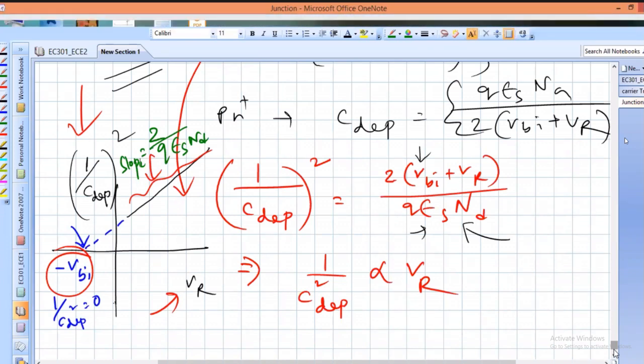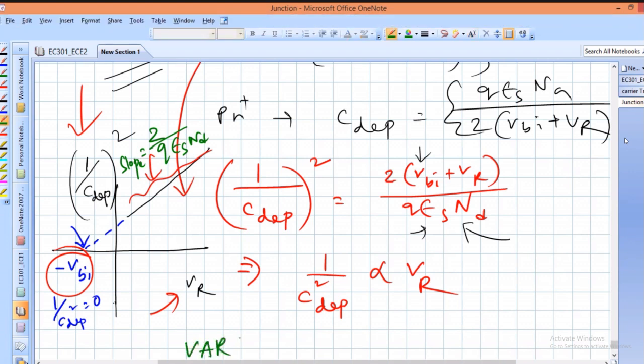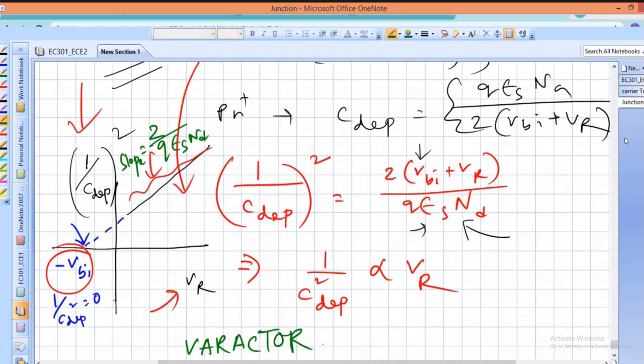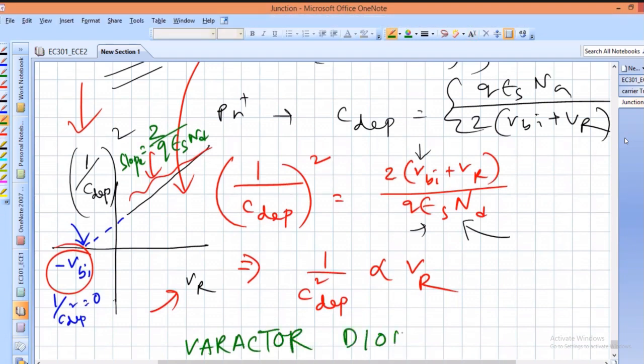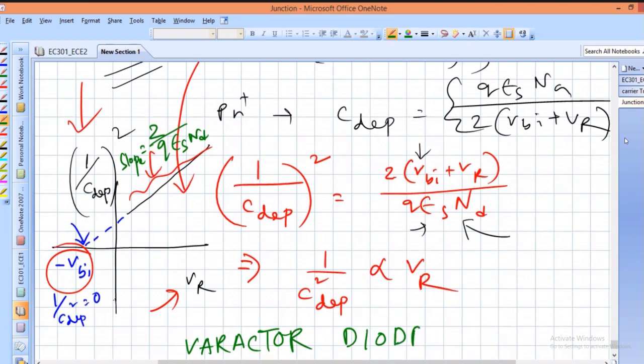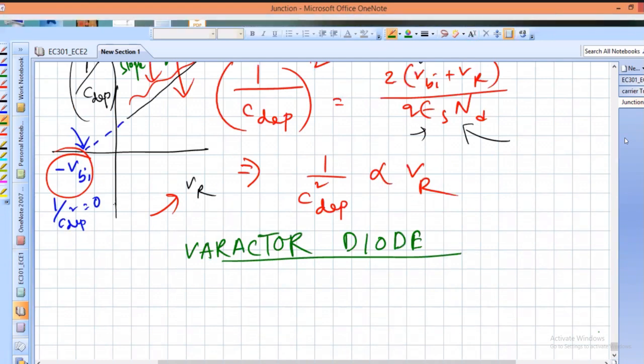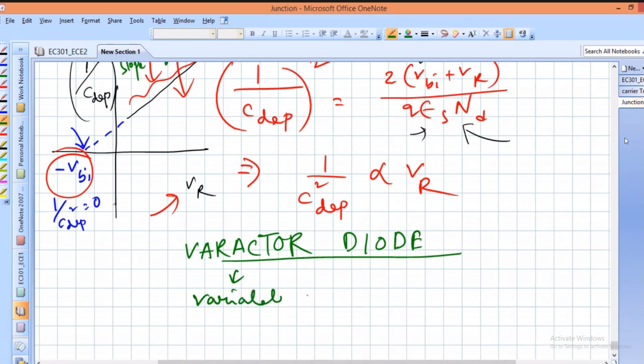This property is adopted for the design of the varactor diode. Varactor diode is one special diode whereby varying the bias, we can vary the capacitance of the diode. Varactor means variable reactor.